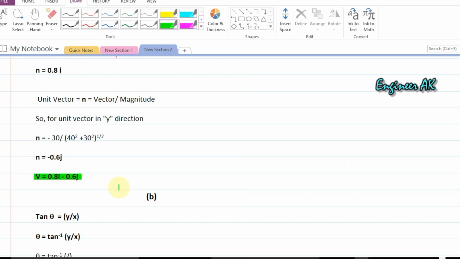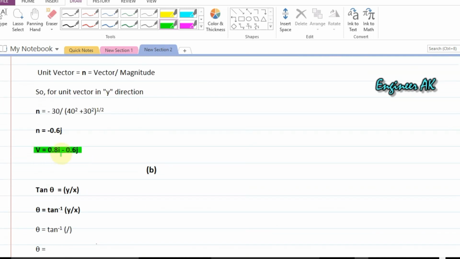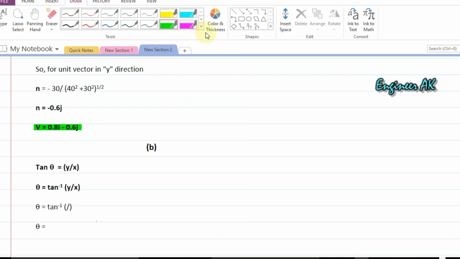That's the first value. Then we were asked for the direction of that vector. We know that tan theta is equal to perpendicular divided by base.